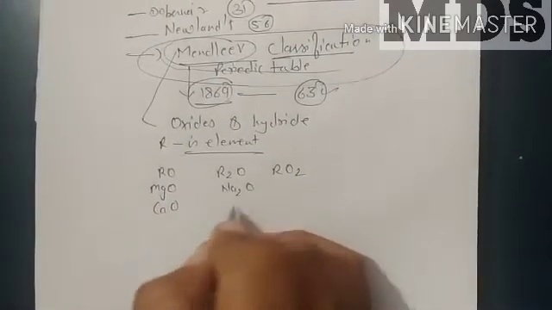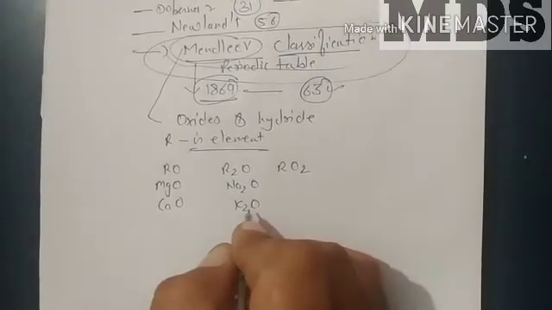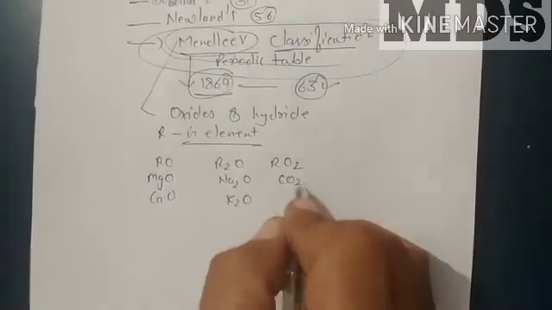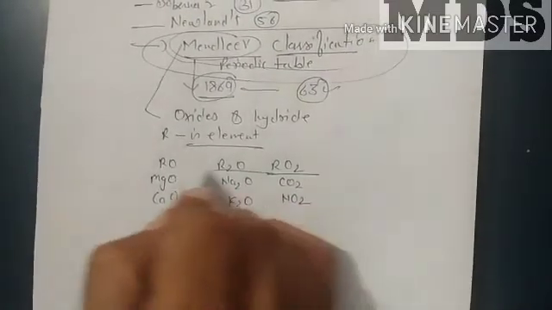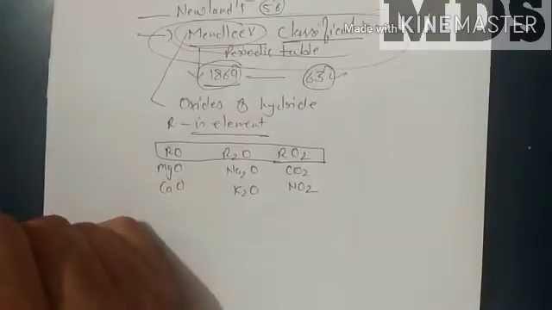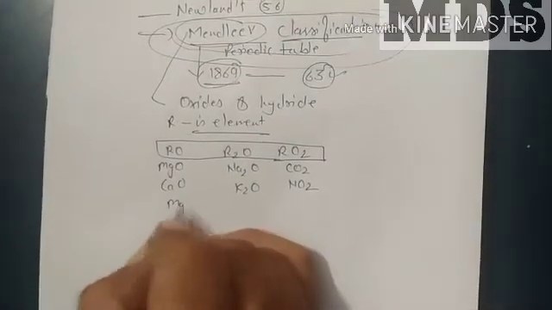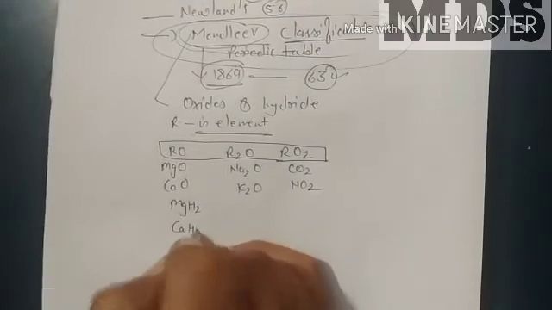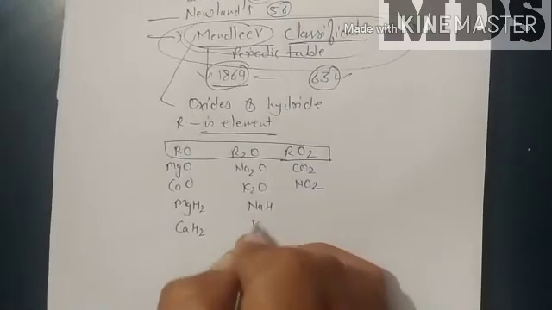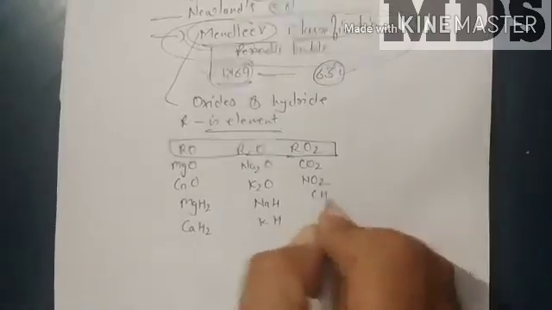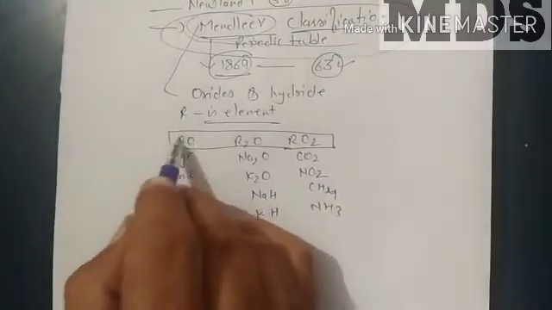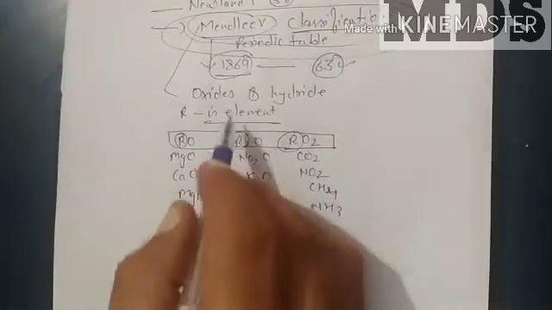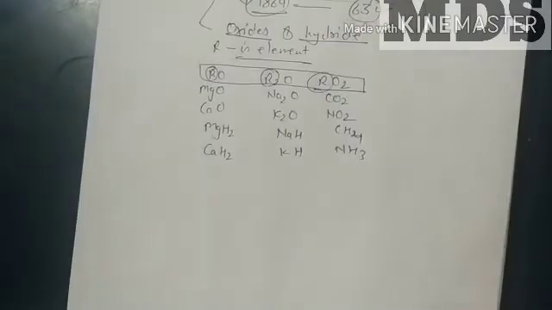First group elements form such kind of oxides. If you go for group 14, they form such kind of oxides. So what kind of oxides different elements form, and what kind of hydrides. If I go for these, these are the hydrides they form.